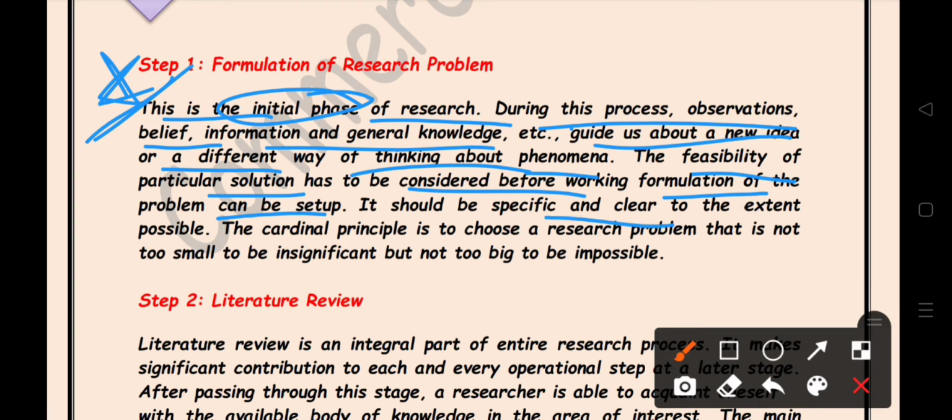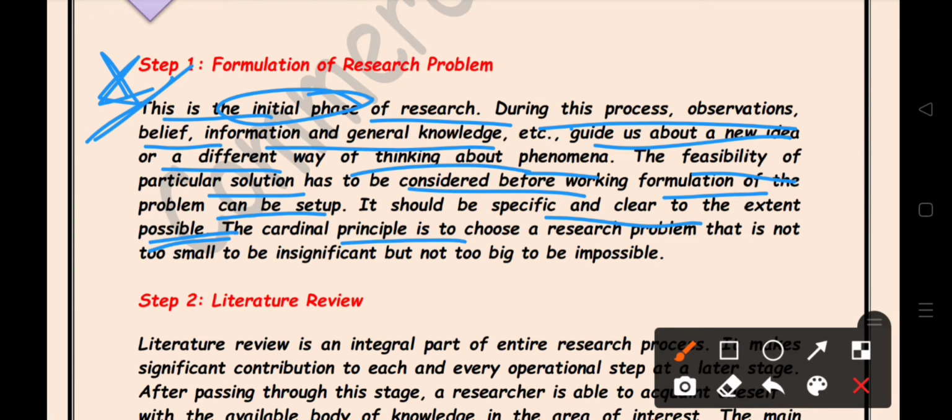It should be specific and clear to the extent it's possible. Means we just can't take any vague problem in our study. We have to take a problem that is feasible for our study and that can give us a final conclusion or ultimate solution to the problem.